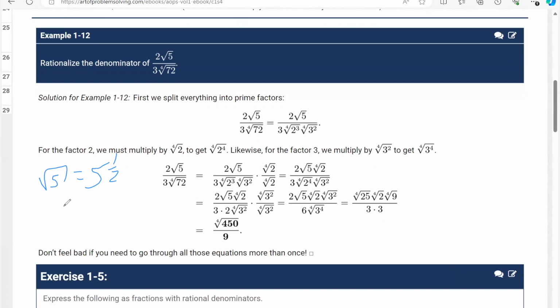I can write the same thing as 5 to the power of 2 over 4, which means the 4th root of 5 squared, which is 25. So I'll get everything in 4th root, this in 4th root, this in 4th root, and it will go lovely, and it will make it as a number: the 4th root of 450 divided by 9.